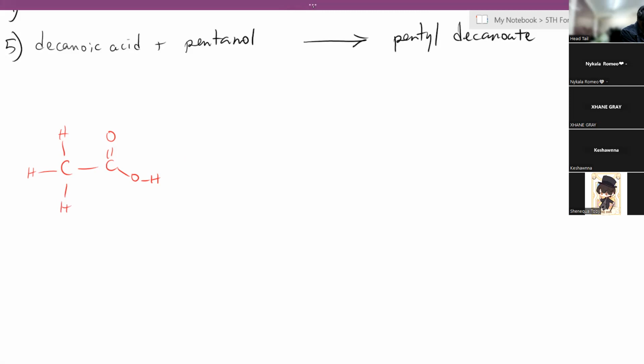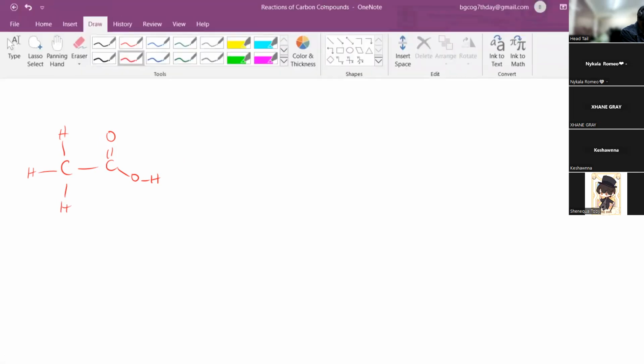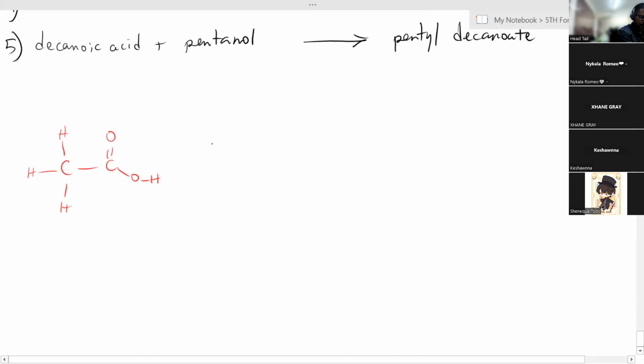That is being reacted with the alcohol, which is propanol, sorry. So 1, 2, 3. I'll put the OH on this side here, and my hydrogens in.